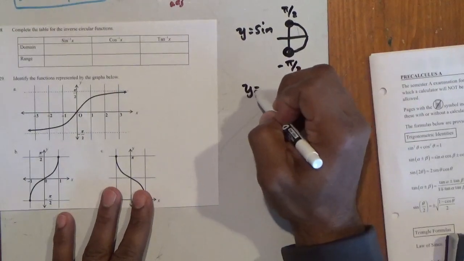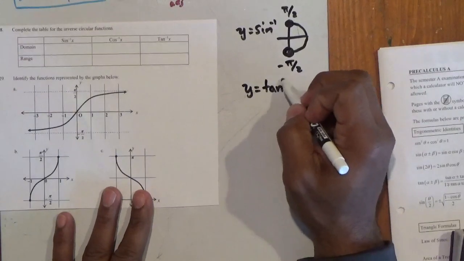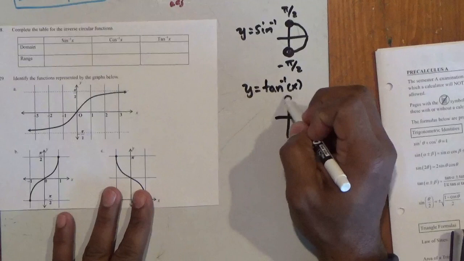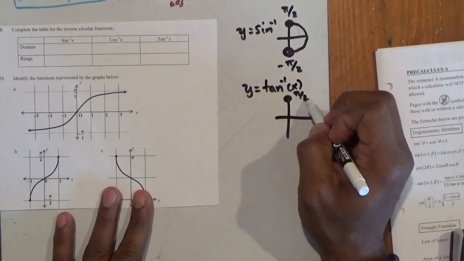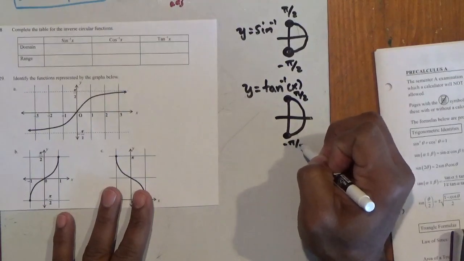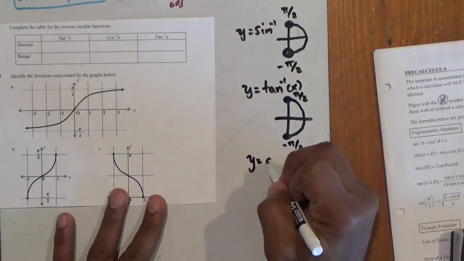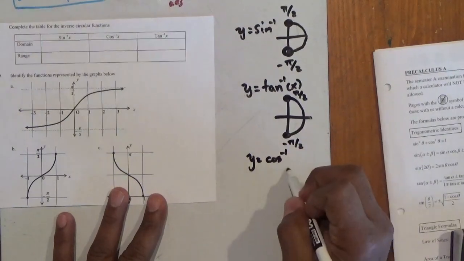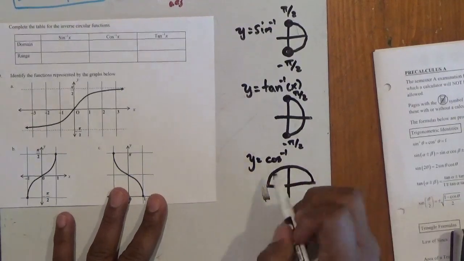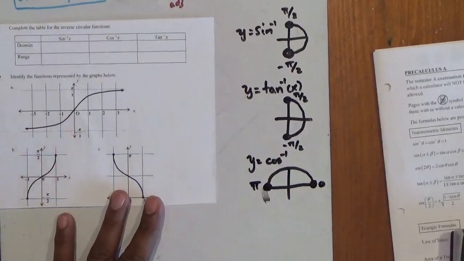When we're looking at inverse tangent, we're looking at the same values, pi over 2 to negative pi over 2. First and fourth quadrants, but connected. And when we're looking at inverse cosine, we look at first and second quadrants, so we look from 0 to pi for our answers.